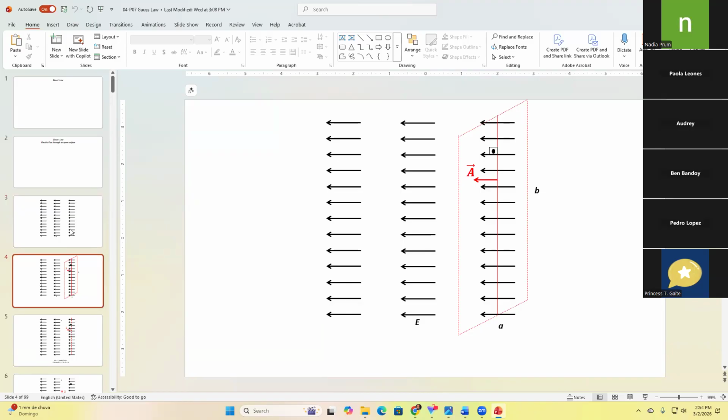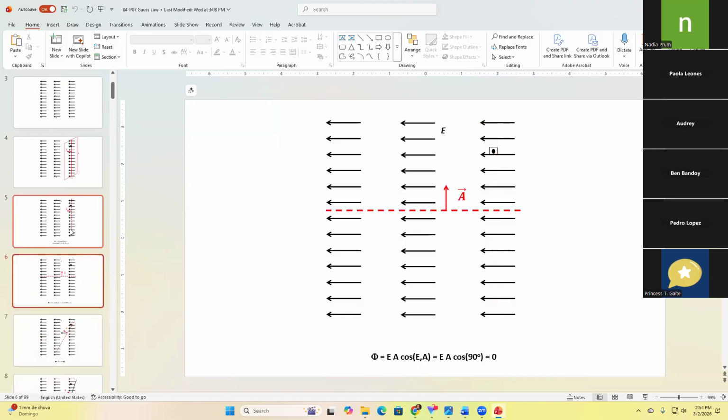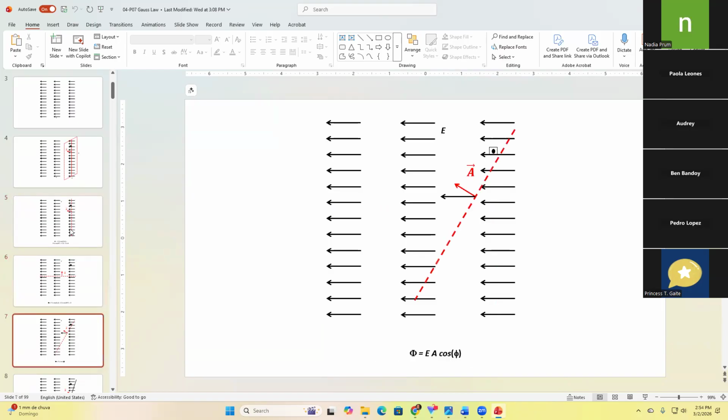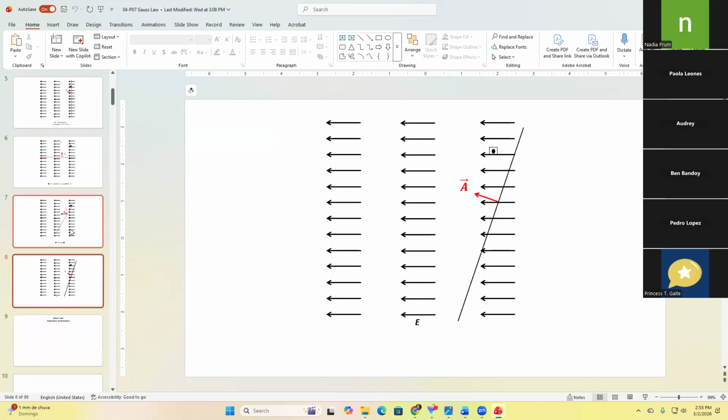It's not a closed surface. So why did we do that? Because I wanted to give an example of how to calculate the electric flux through the simplest of all surfaces. Here we have another open surface, and another open surface. It's a planar surface that's open. It's not completely closed.